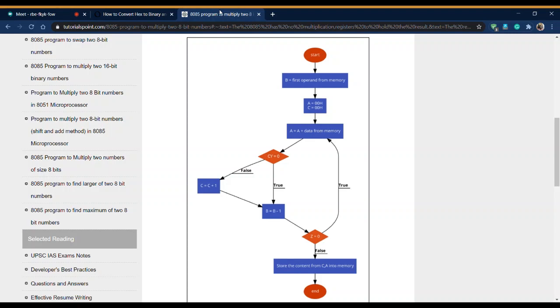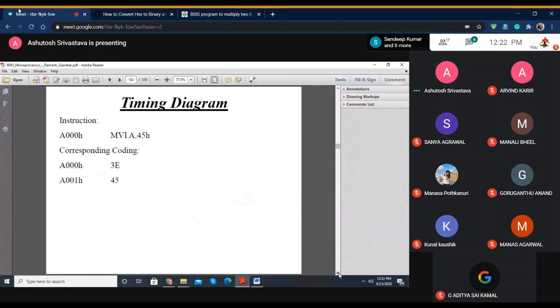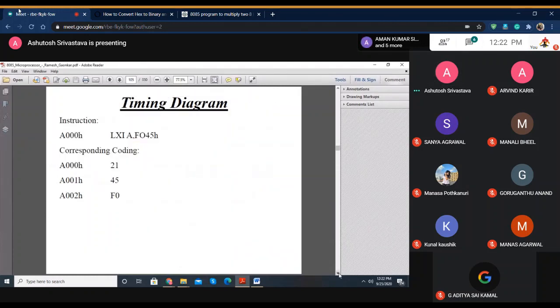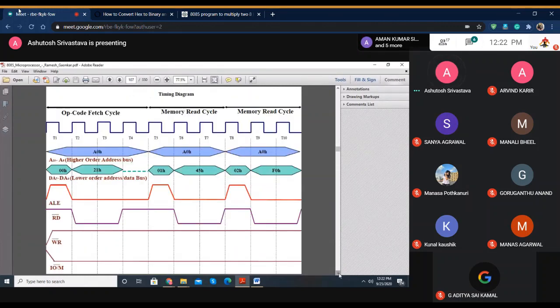Like for this instruction, this instruction, and so on. When you are doing a decrement of C, it will only take 4 T states. This is what we are trying to explain further through this timing diagram.